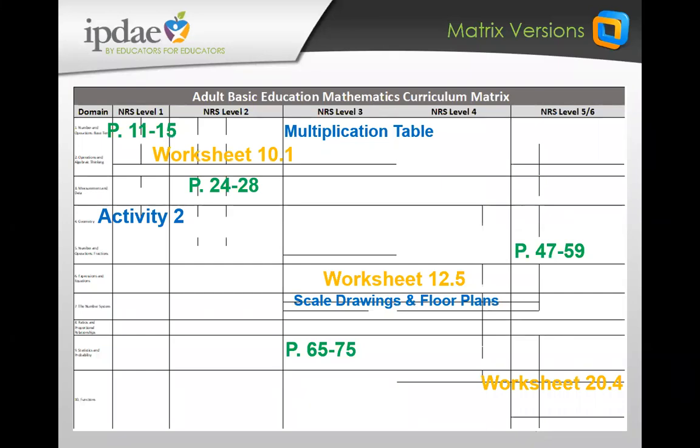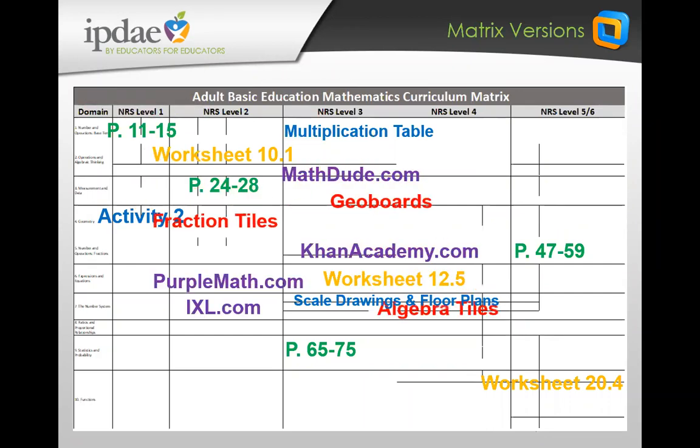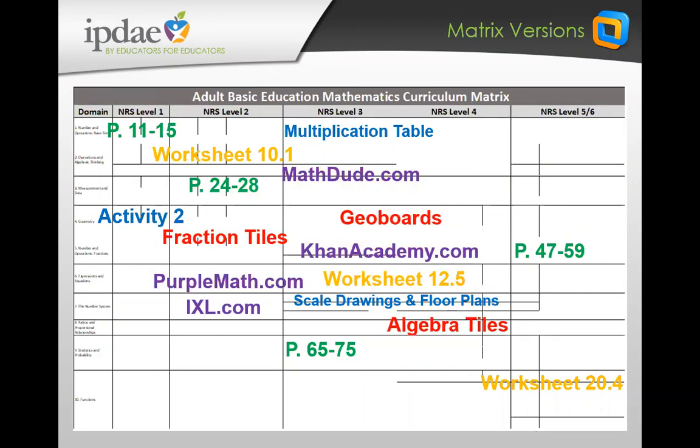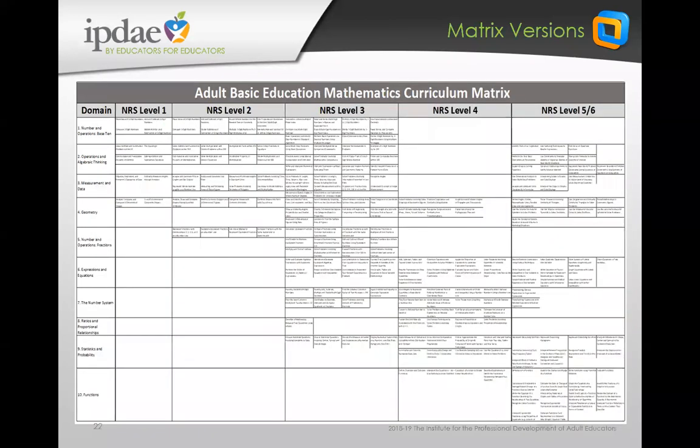You can easily annotate that into the blank matrix or right on top of it, so when you hit those standards, you're able to pull up these magnificent resources that you've gathered over time. You can also add annotations such as websites that you want your students to go to, or any particular manipulative that works well with those standards.